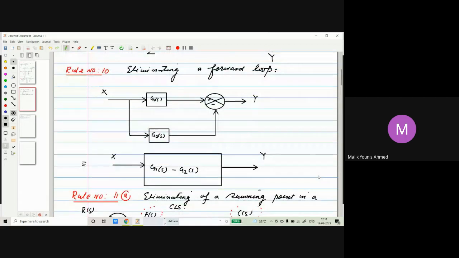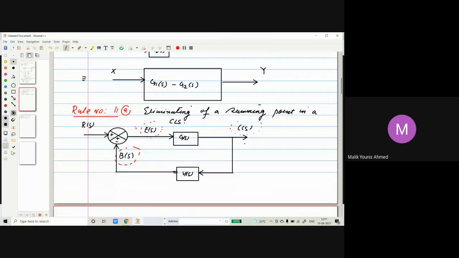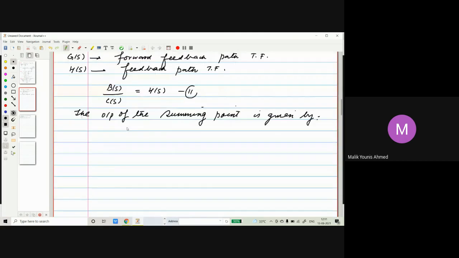Now see here. We are here, summing point. Now output of the summing point E of S. This signal should be R of S plus and then plus minus B of S. So we can write E of S output as R of S coming to this, that's a plus sign, B of S coming with plus minus sign.